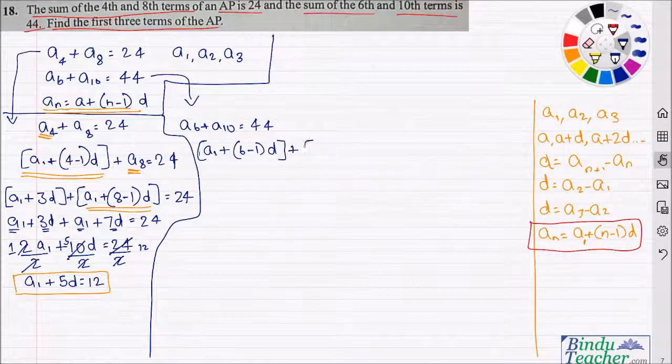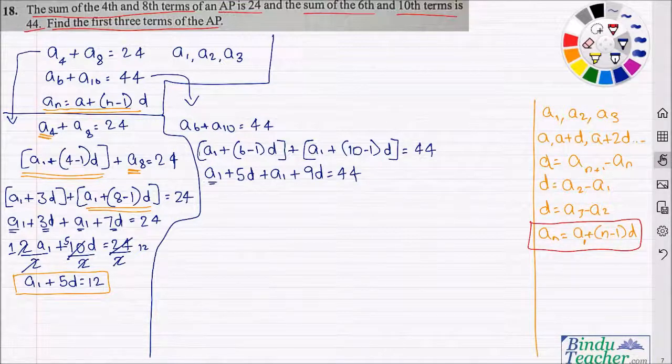Now we'll also substitute the value for a10, which is a1 plus 10 minus 1 into d equals 44. So here we get a1 plus 5d plus a1 plus 9d equals 44.